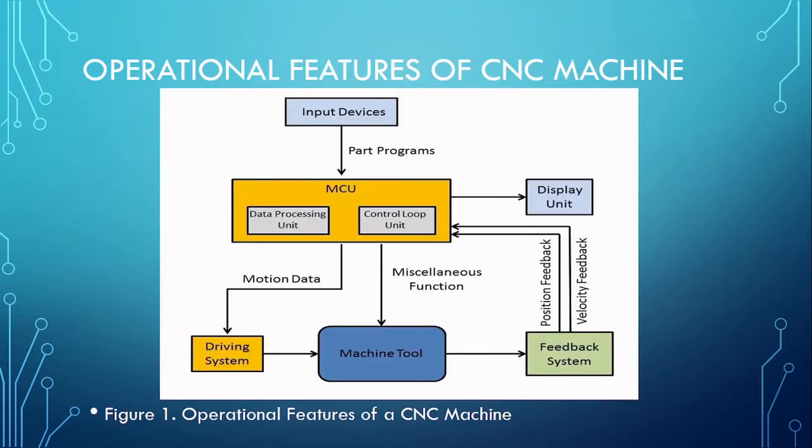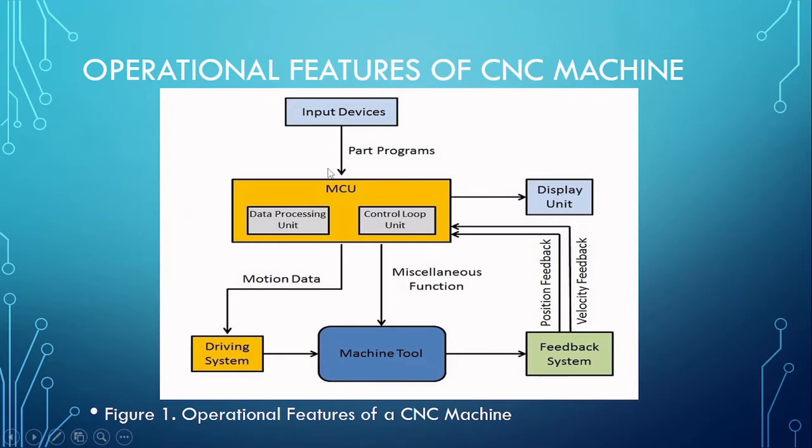Now, the operational features of the CNC machine. The diagram here shows the operational features of the CNC machine, where you have the input device from where the part program will be sent to the CNC machine.